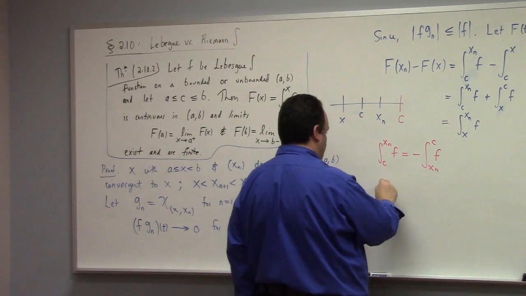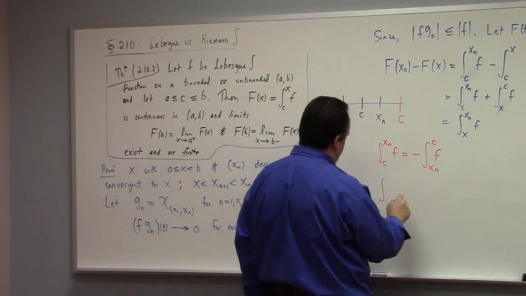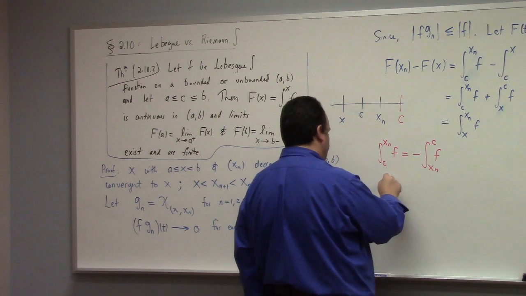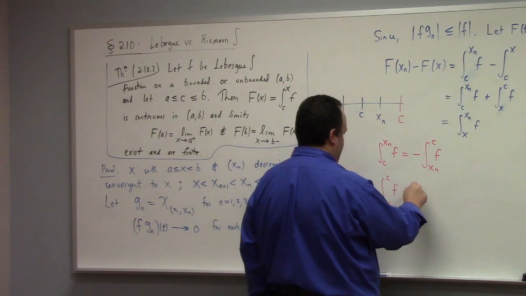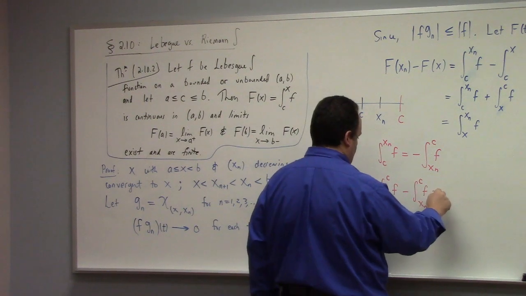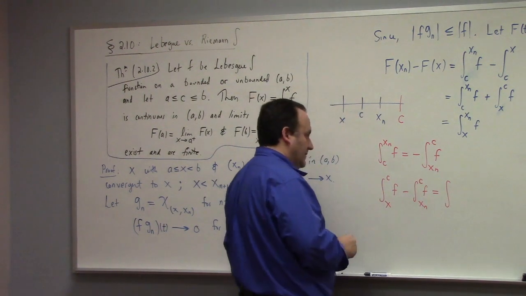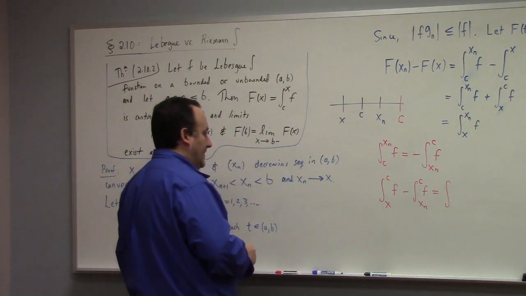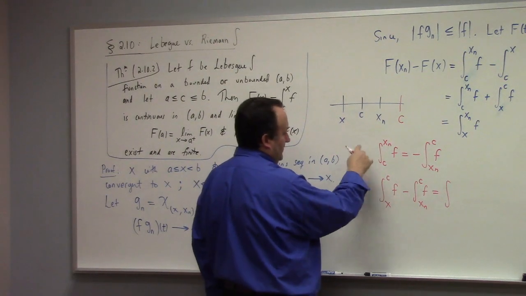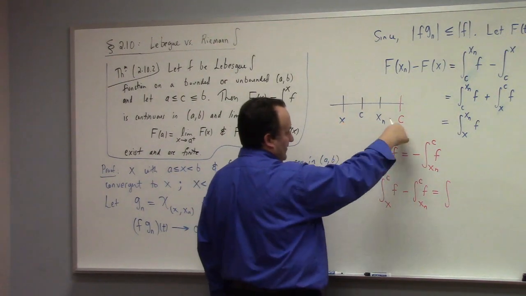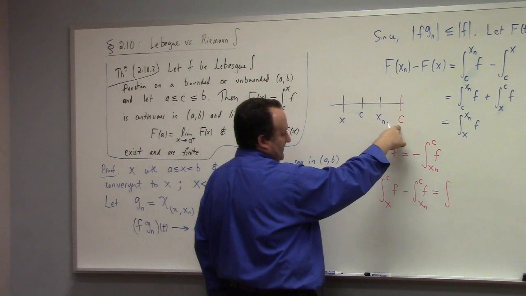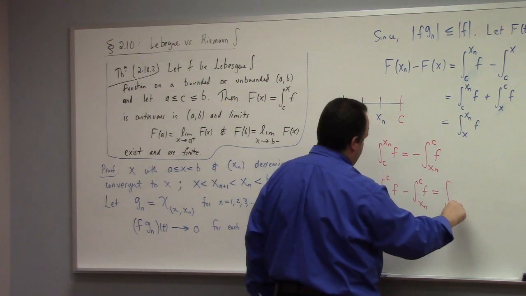And when you take the integral from X to C of F minus the integral from Xn to C of F, this one would go from X all the way over to C, and then you're subtracting the one that goes from Xn to C. So what you're left with is X to Xn.